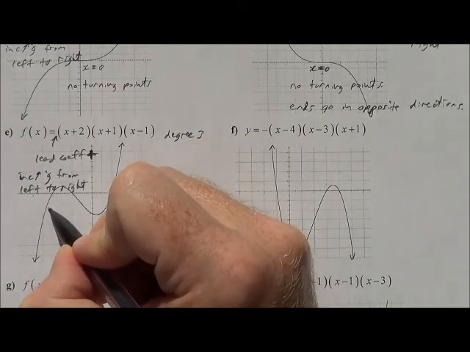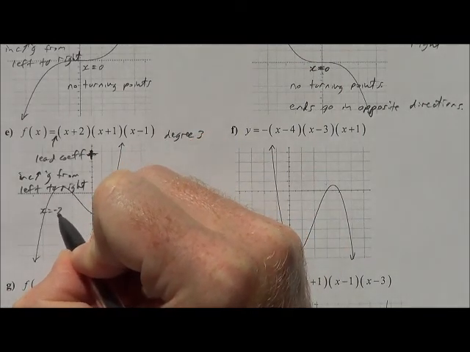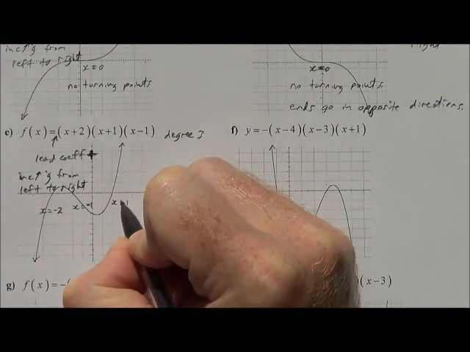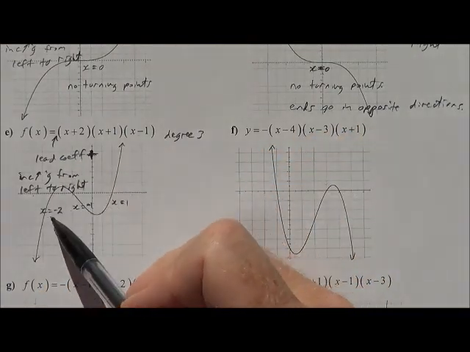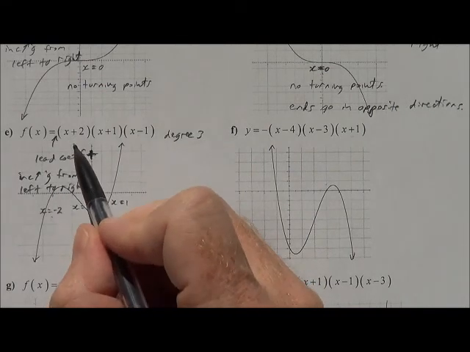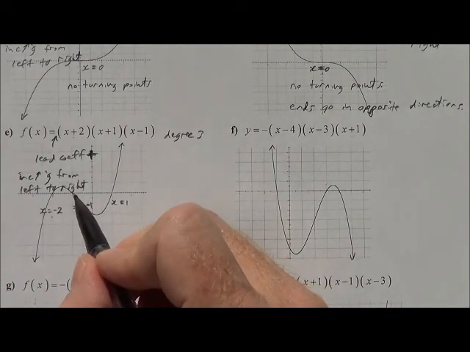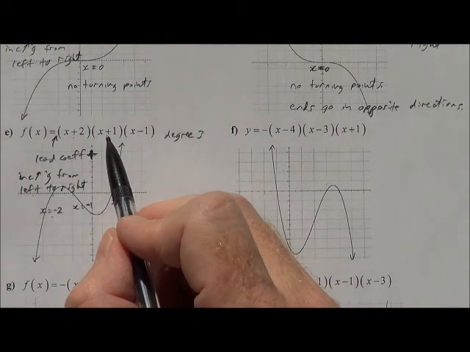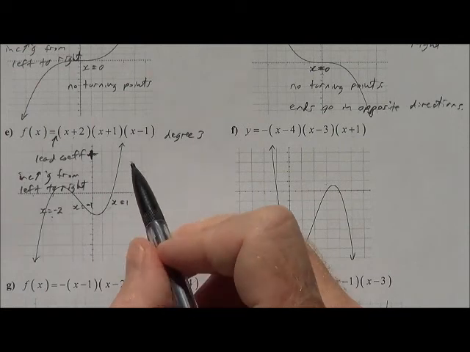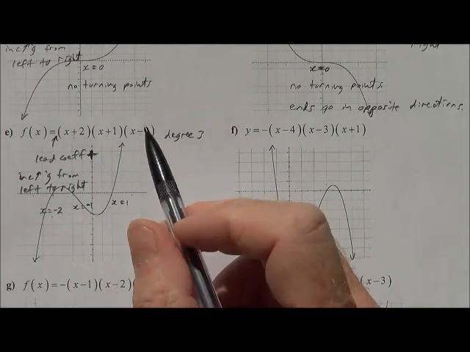We have zeros at x equals negative 2, x equals negative 1, and x equals positive 1. So notice that this 0 is at x equals negative 2, and that corresponds to this factor of x plus 2. This 0 of x equals negative 1 corresponds to this factor of x plus 1. And this 0 of positive 1 corresponds with this factor of x minus 1.